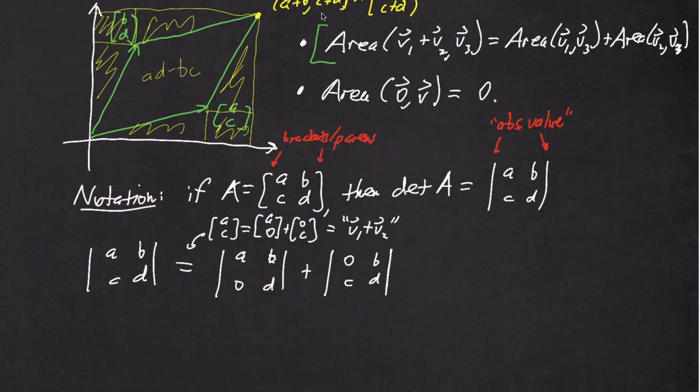And this is true. But then if I do the same thing, I think of B comma D as B0 plus 0D, and I can break these up further.